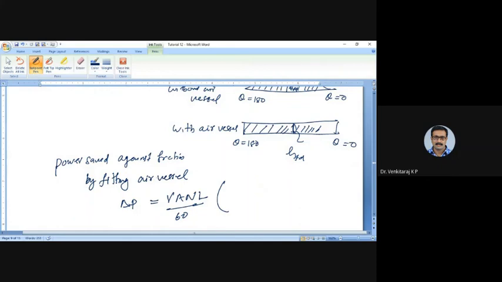When there is no air vessel, the area we calculate as 2 by 3 of H_FD without air vessel, as we did in the previous problem.